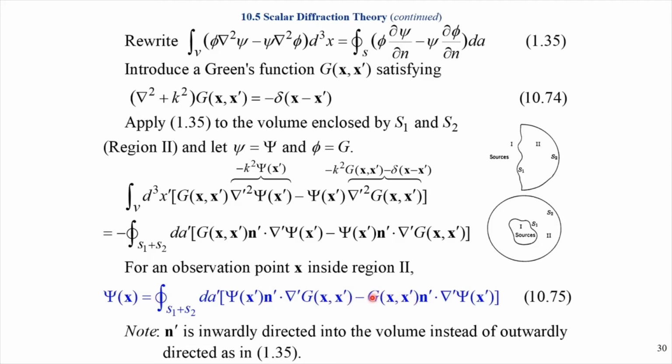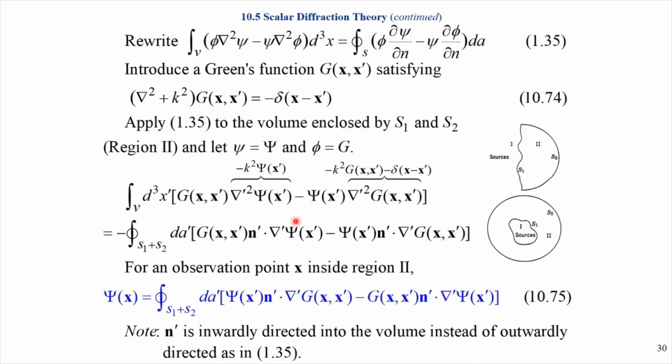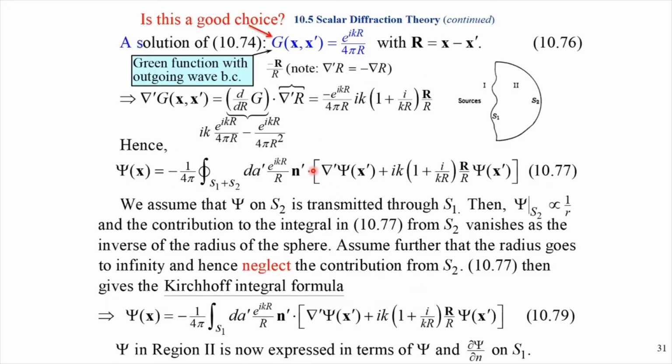And so this one becomes plus the Green function in the direction of n, in the direction of n prime, surface integration. And here, we just move these terms to here: exponential ikR, ik times 1 plus i over kR, R over R, phi.